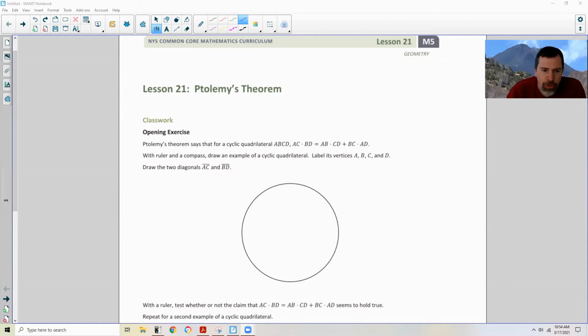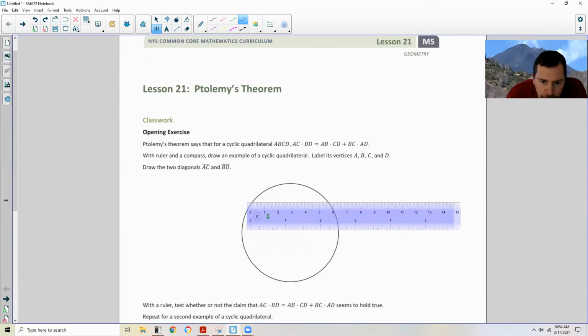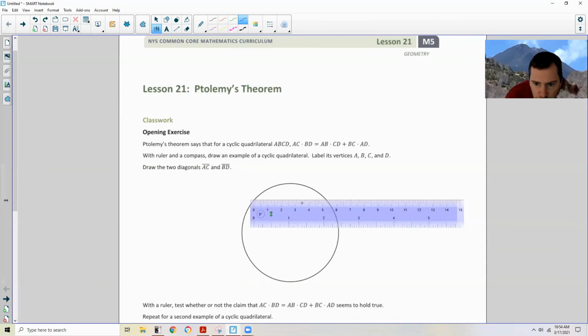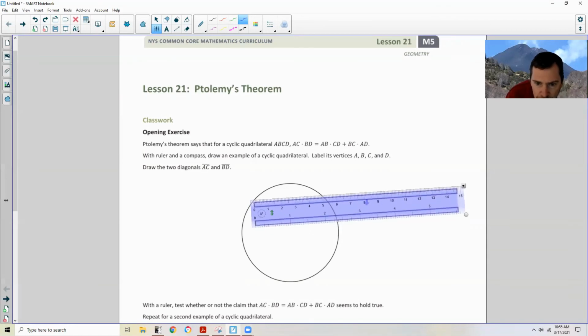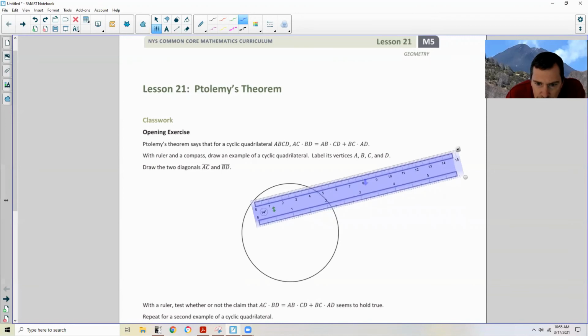All right, so I'm just going to use the ruler because the circle's already drawn for us. If I put the ruler so that it's right on 0, and I rotate it, I'm just going to try to find integer values so it's easier. So there is a distance of 4. Let me just try to get that as exact as possible.